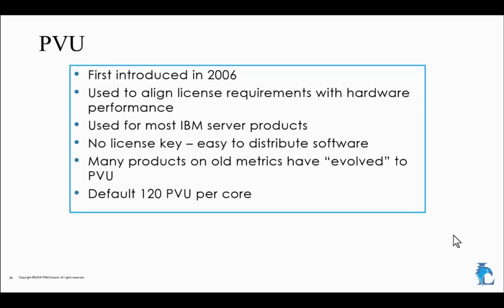There are no license keys. You may have exceptions in the Rational world, but that's typically on a user-based license. Also, a recent innovation from a license perspective is the default: all things being equal, you're paying 120 PVU per core unless you can prove otherwise. Something to watch out for.